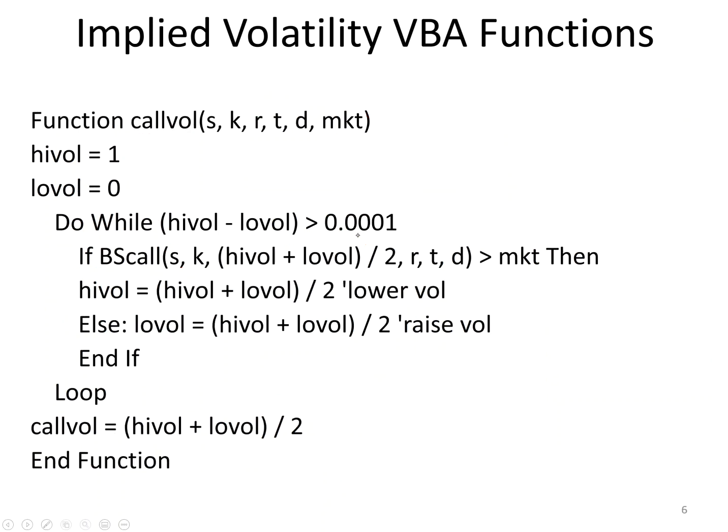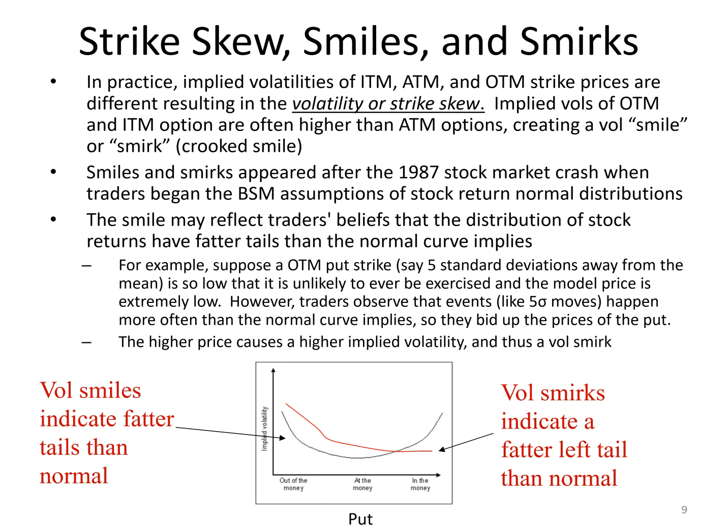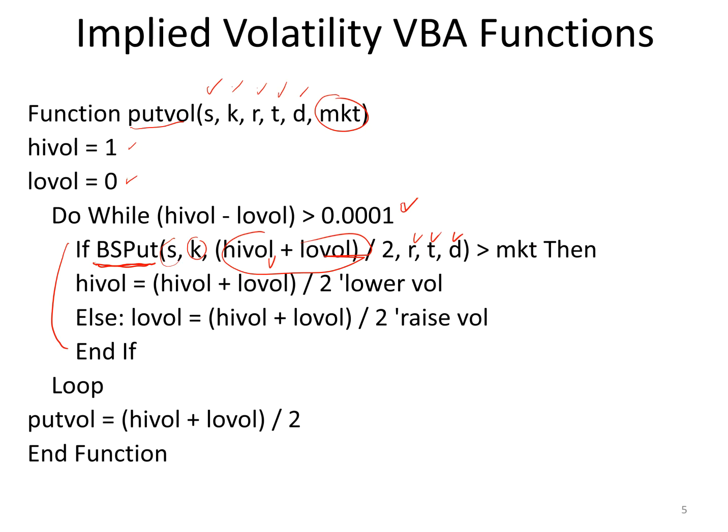So this line of code right here is going to first say if the Black-Scholes price using the spot, the strike that I've input, and the vol. Notice vol is not a parameter in this function, even though in BS put it is, because I'm going to calculate vol in this function.